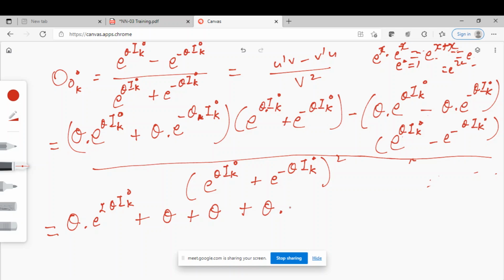So it is 4 into theta divided by e power theta I plus e power theta I ko, the whole square. Okay, this is the remaining term.